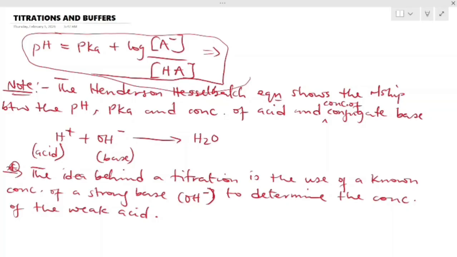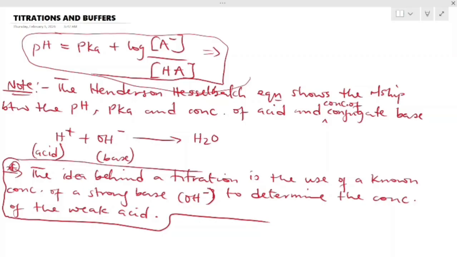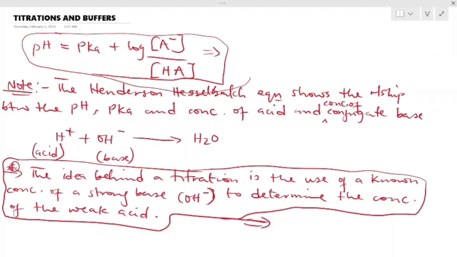So in this whole definition, the use of a known concentration of a strong base to determine the concentration of weak acid, we are actually talking about the titration of a weak acid with a strong base.